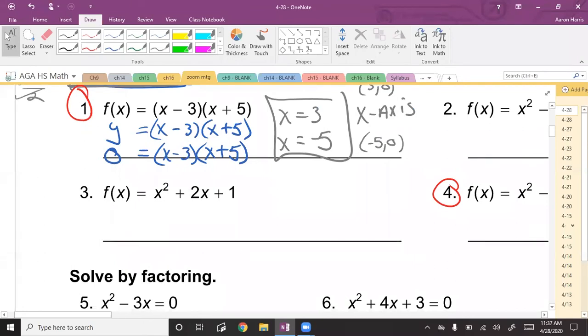I'm gonna do an example first. Let's do 3. This really says y = x² + 2x + 1, because that's function notation; this is standard form. Now I'm looking for the zeros, so therefore I know y = 0. So I get x² + 2x + 1 = 0. But is this in factored form?